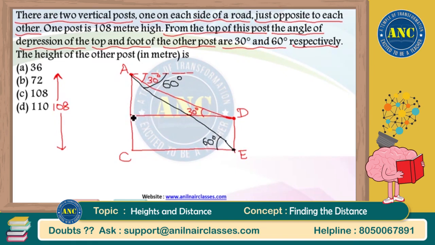Let me call this intermediate point as point B, which is not given in the question. Your question says, find the height of the other post. That means DE is what I am interested in finding. That DE is absolutely the same as BC. Either I find BC or DE, both are the same.